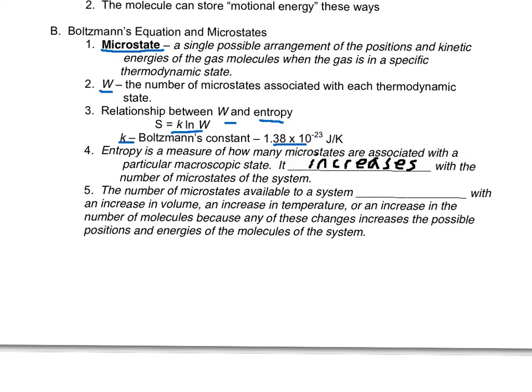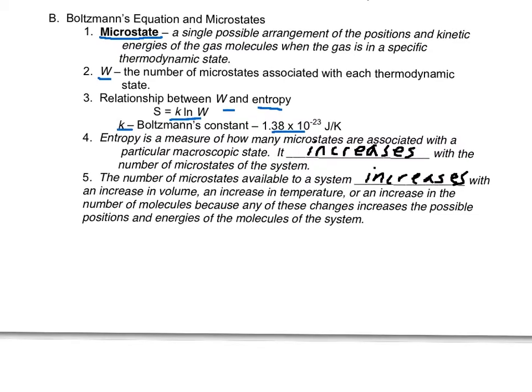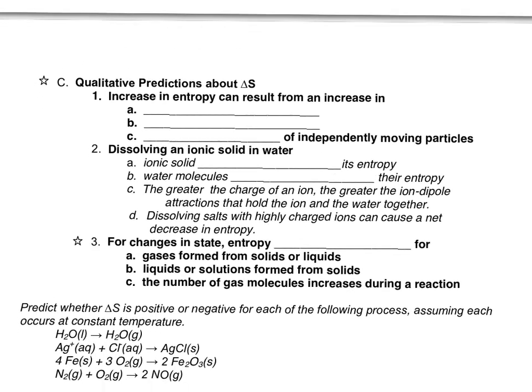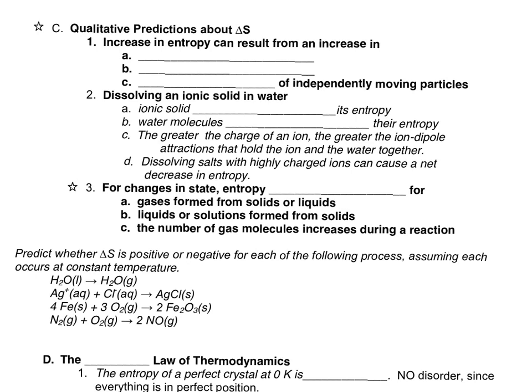All of these things will increase the amount of microstates available to the system. And as a result, since you're increasing the number of microstates that are available, you are increasing the entropy. So increasing the temperature, increasing the volume, and increasing the number of particles all increase the amount of disorder that the system has.